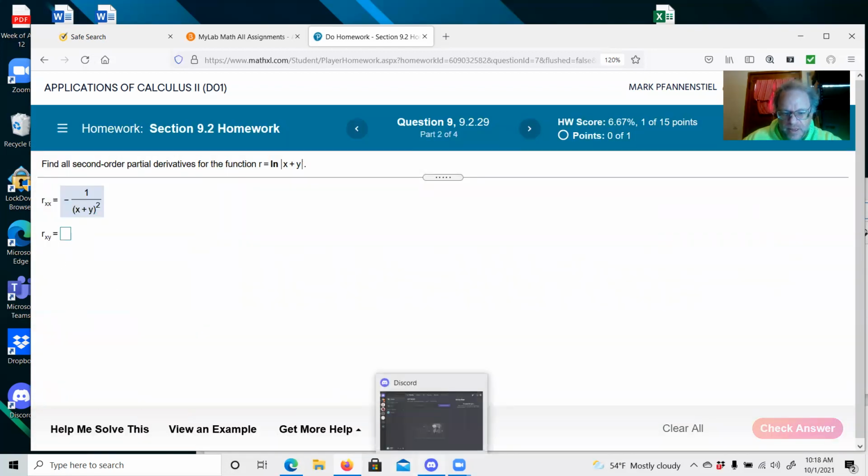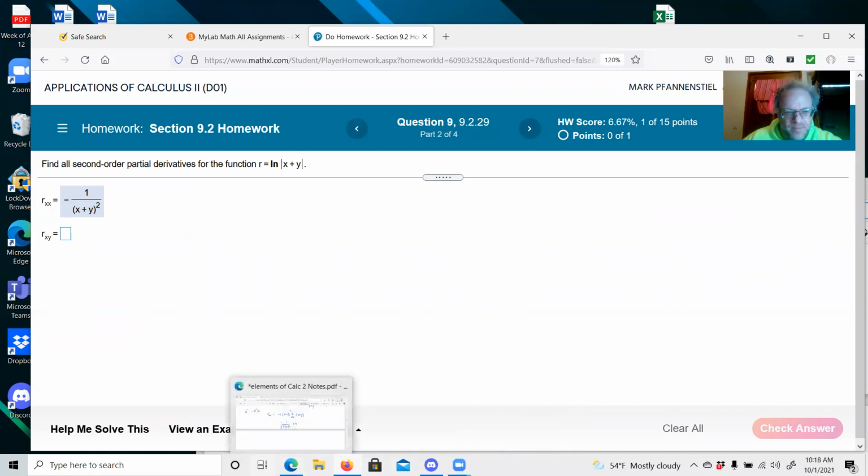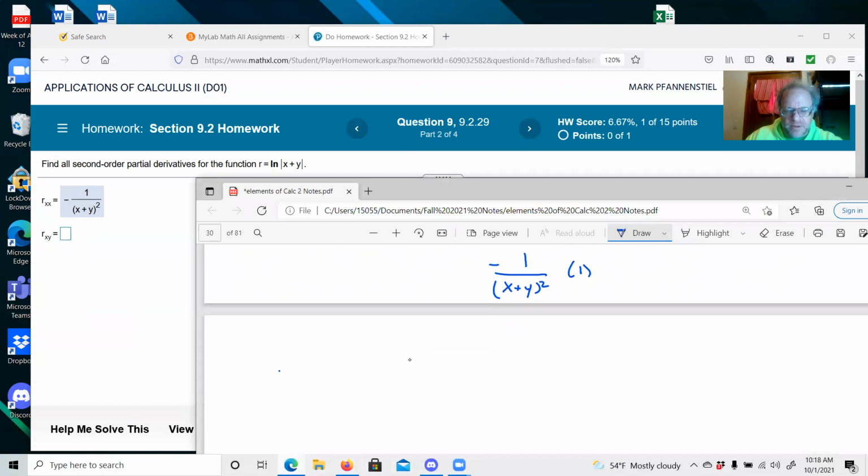Rxy is going to be a very similar thing here. What is my Rx? This was 1 over x plus y, which is x plus y to the negative 1. Now I'm going to take the derivative with respect to y. So we have negative 1, because it's still the reciprocal function, x plus y to the negative 2.